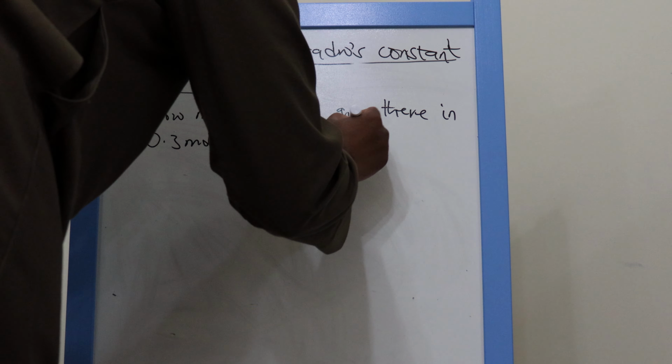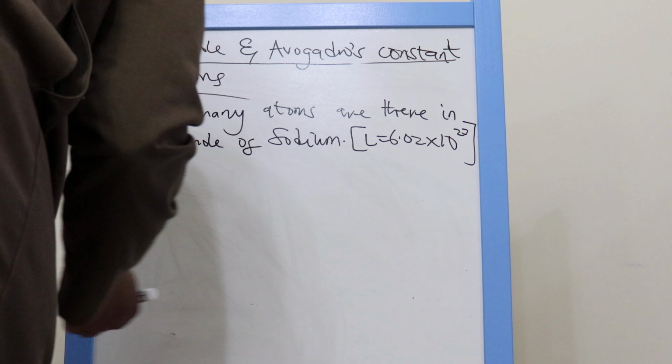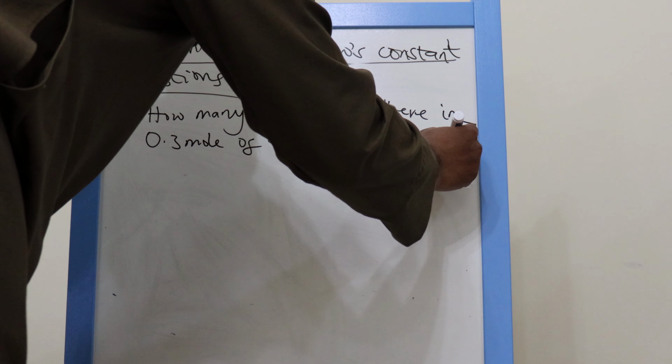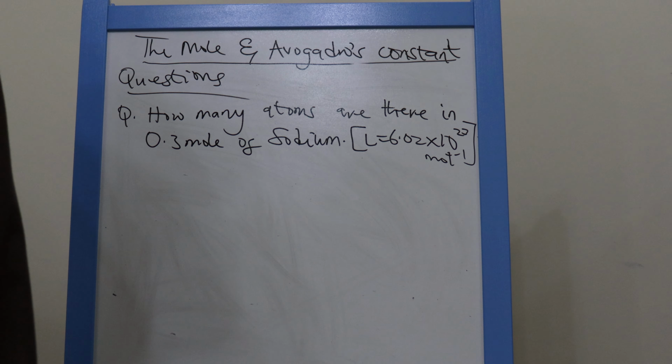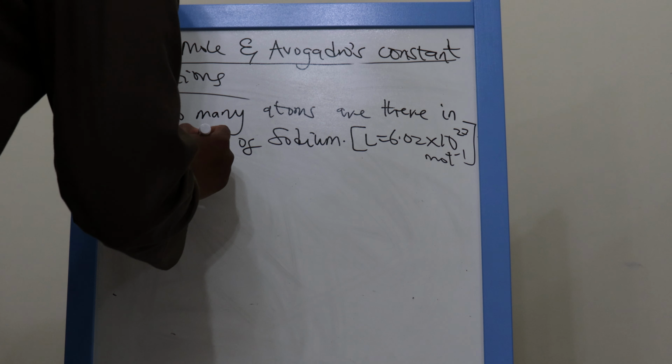We are given L, our value here, 6.02 times 10 to the exponent 23 per mole. So we are going to solve how many atoms are there.